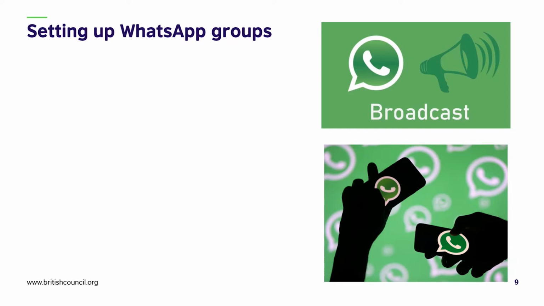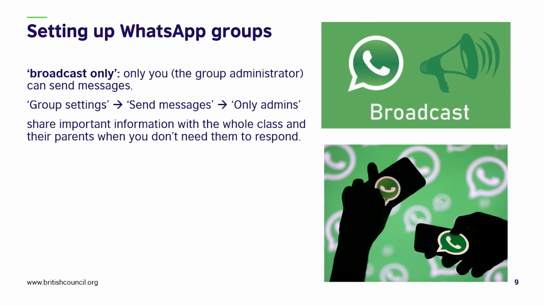You've got two types of groups on WhatsApp. Either you set up a broadcast-only group, and in this case you're the group administrator and the only person who can send messages. How to set that up? You go to the group settings, click on send messages, and change it to only admins.